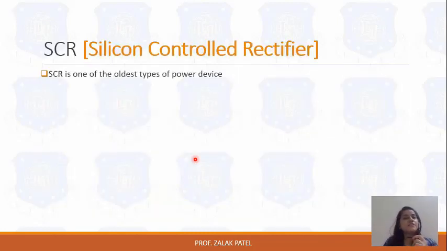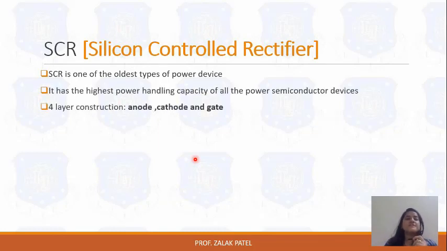First, let's start with the first thyristor family member, that is SCR, whose full form is silicon controlled rectifier. It is one of the oldest types of power device. It has the highest power handling capability among all power semiconductor devices. So this is the biggest advantage of it.